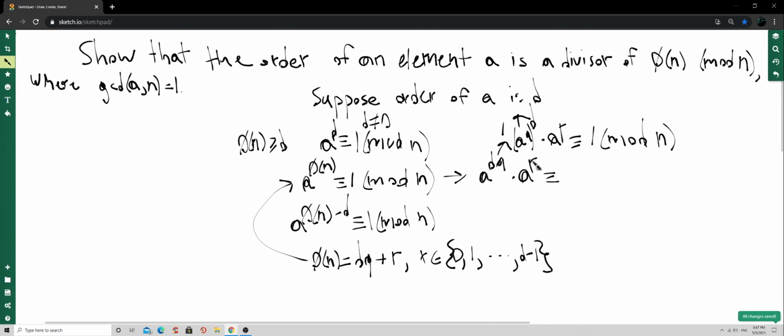But since a to the r is congruent to 1 mod n, the problem arises that r is less than our d here, but it can be equal to 0. But suppose it's not equal to 0, then it's going to be the new order, but we already set the order to be d.